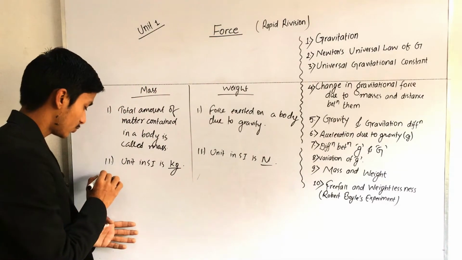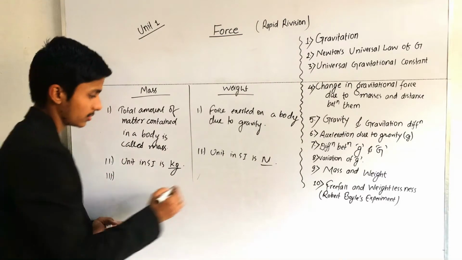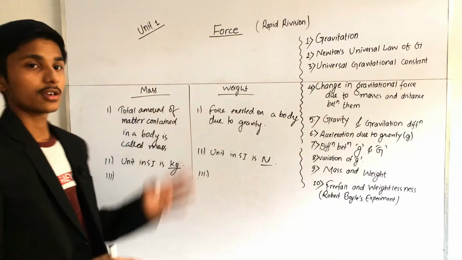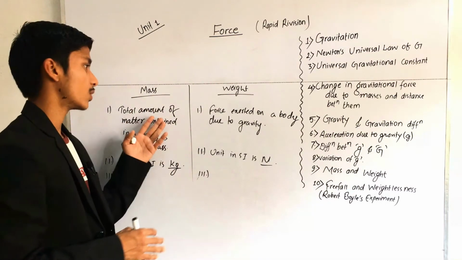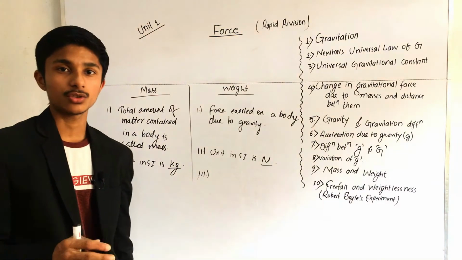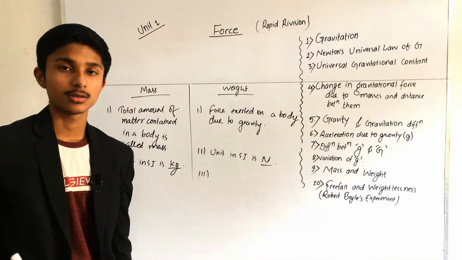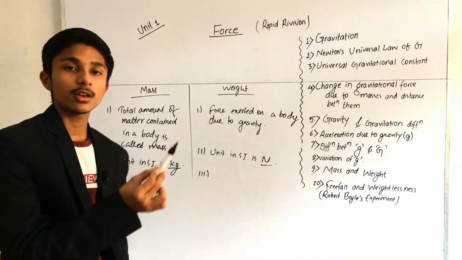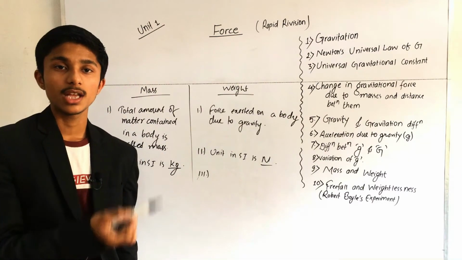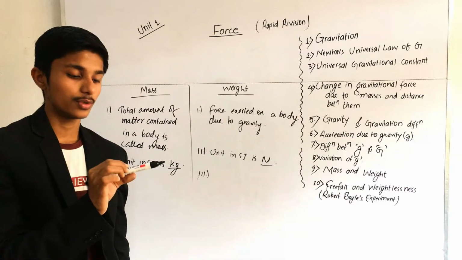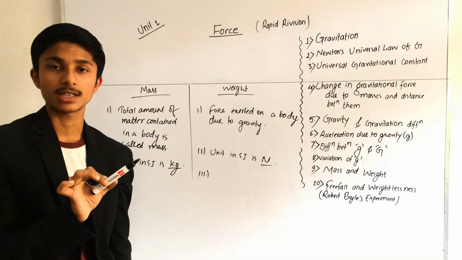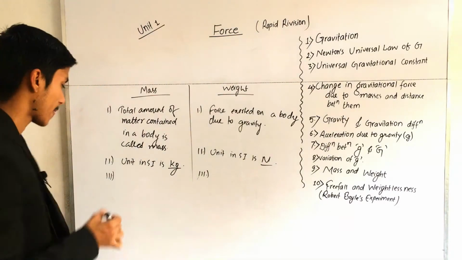And in the third point we write here, mass is constant. It is a constant quantity. It means mass does not get changed from place to place. Suppose the mass of this marker is 10 gram. Then when we take this marker to the moon, its mass remains constant, that is 10 gram.